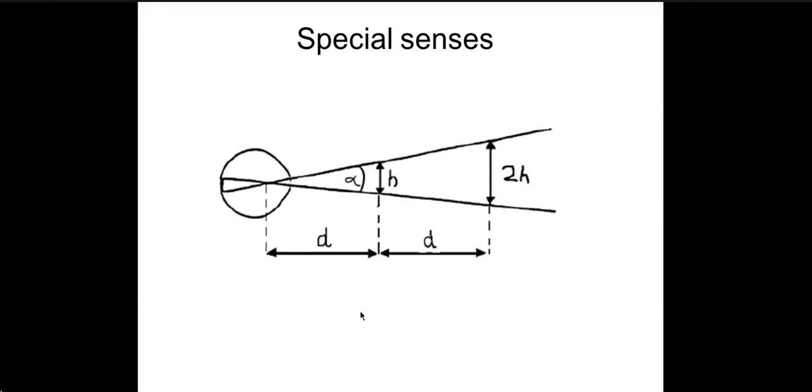Whenever we test acuity of vision, the object must make a 5-degree angle on the eye. This is the 5-degree angle. Is it clear? BDS, is it clear? For MBBS, is it clear? Okay.